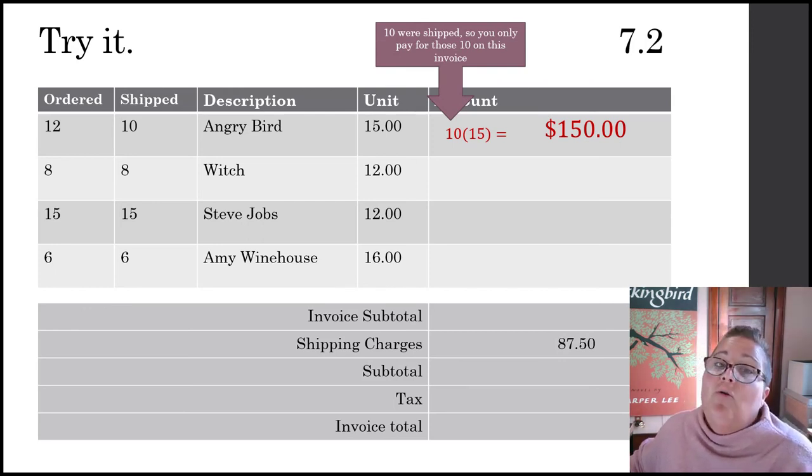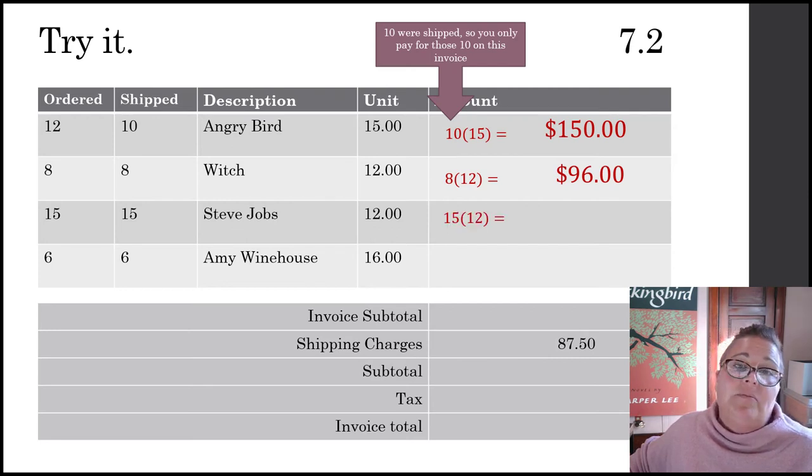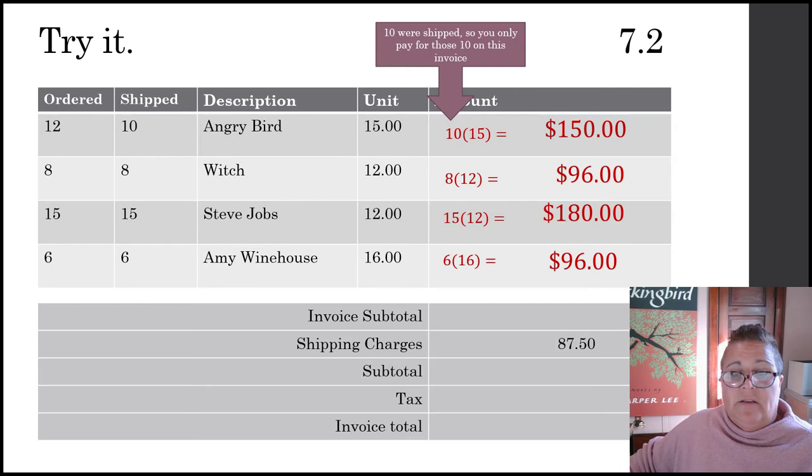The 2 additional ones that were ordered, but I didn't get, I don't pay for until they ship. Then I would do 8 witches times $12 a piece for $96, 15 costumes of Steve Jobs at $12 a piece for $180, and 6 of the Amy Winehouse at $16 a piece for $96.